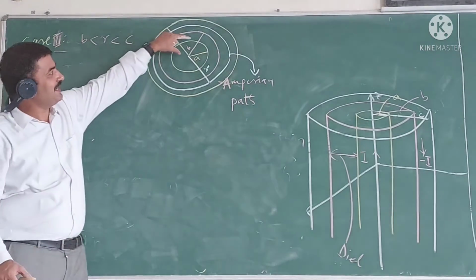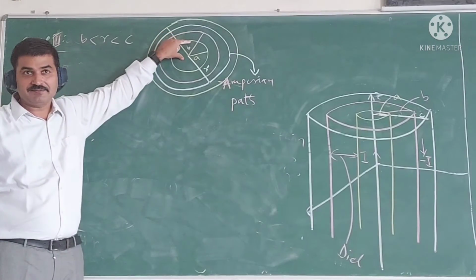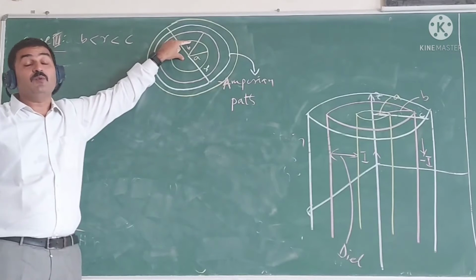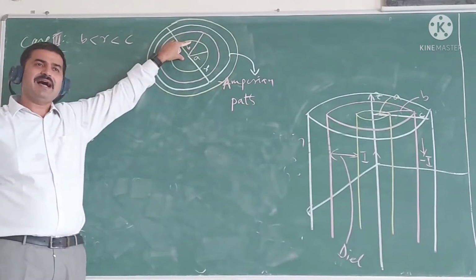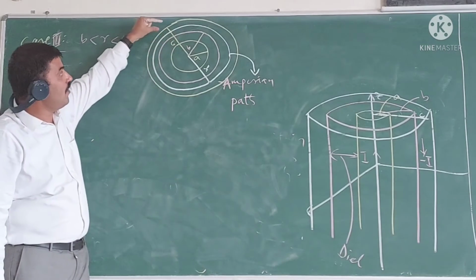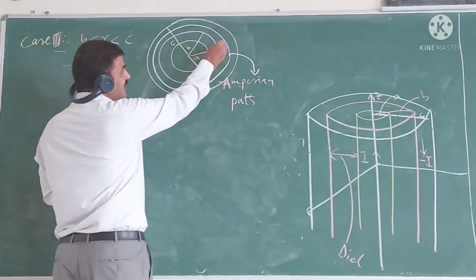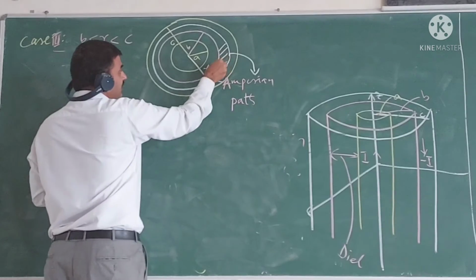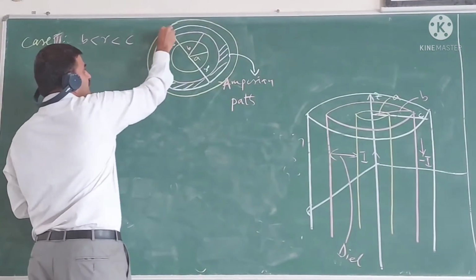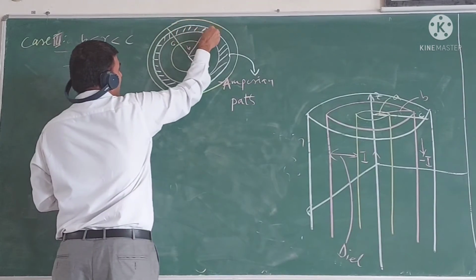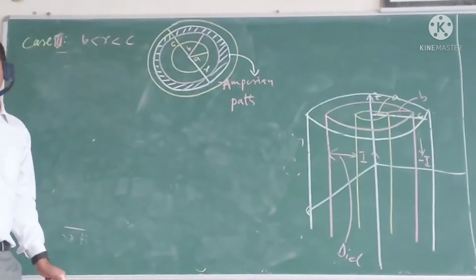I know what is the current enclosed by this inner conductor. What is the current in the inner conductor? I know. No, I want to find what is the current in this portion of the outer conductor.